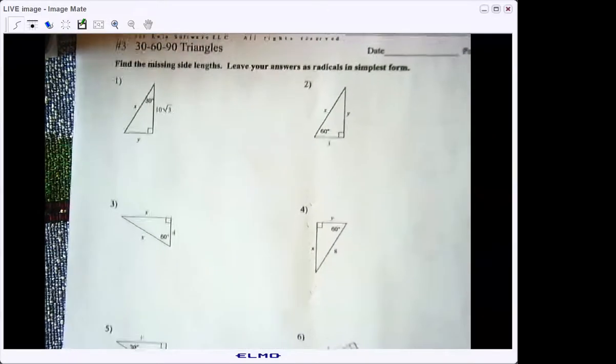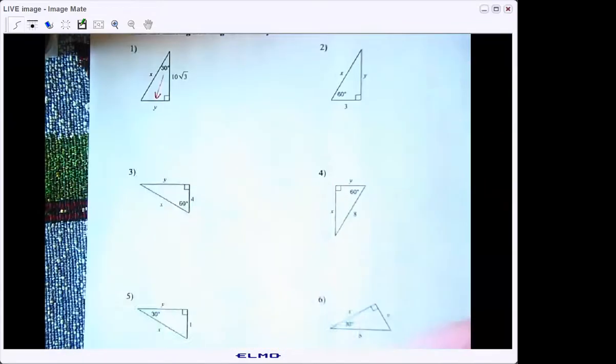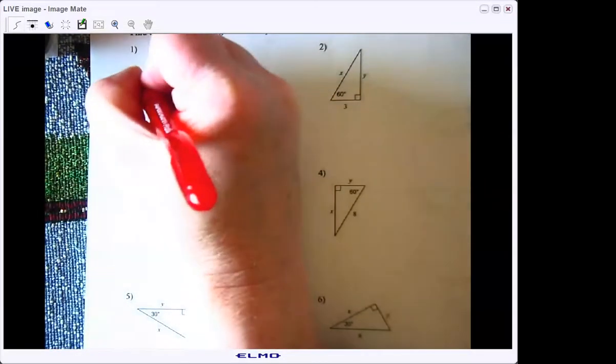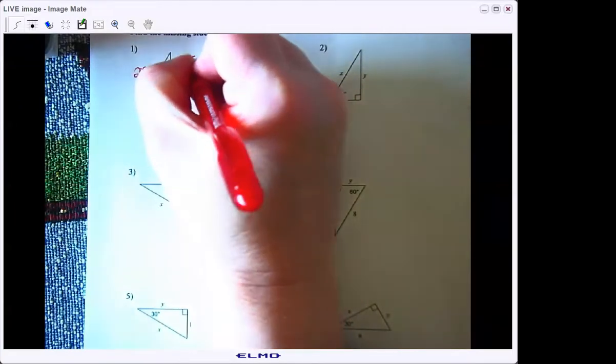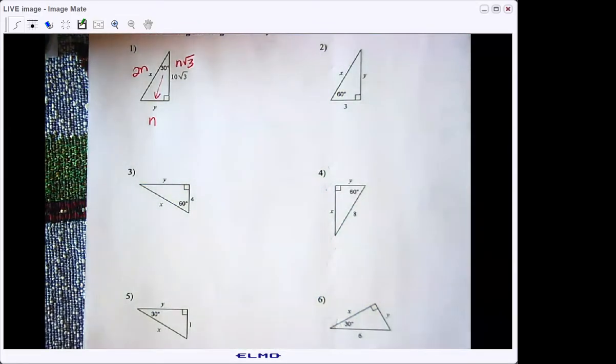Okay, so number 1. I want to do the same problem. So what's the first thing we do? We label. Nice. So an opposite to 30 is n, 2n, and then root 3. So let me give you a second or two to write down what you think n and 2n are.